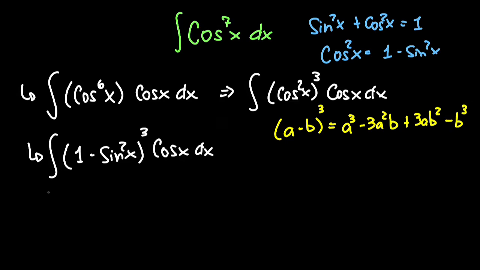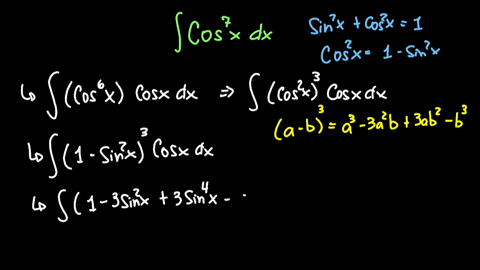When you plug that in, you would have the integral of 1 minus 3 sine squared of x plus 3 sine to the power of 4 of x minus sine to the power of 6 of x, multiplied by cosine of x dx.